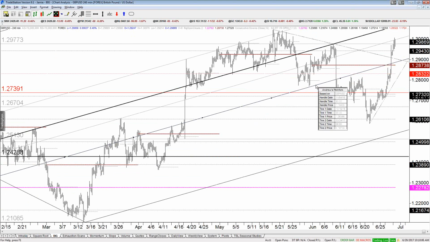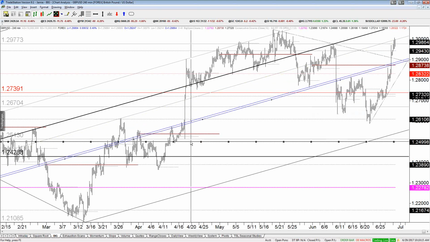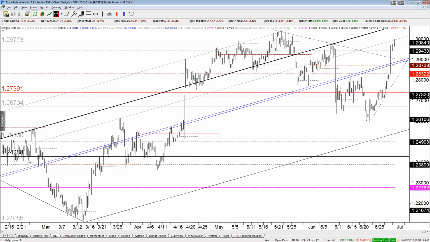Not as clean as the euro parallel, but it's pretty close. Just really good inflection points, right? So back here, up in here, up in here, up in here, low from 531, and then of course the high from 614.